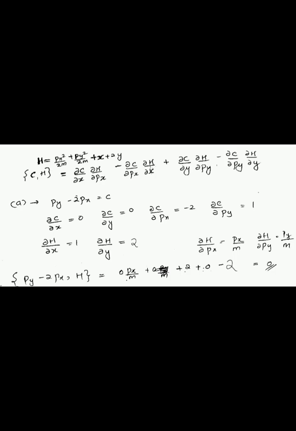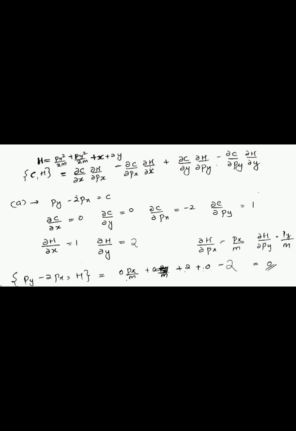If it is a constant of motion, then we need to check the Poisson bracket of that constant with H. That is ∂C/∂x is equal to 0, ∂C/∂y is equal to 0, ∂C/∂px is equal to minus 2, ∂C/∂py is equal to 1, ∂H/∂x is equal to 1, ∂H/∂y is equal to 2, ∂H/∂px is equal to px by m, ∂H/∂py is equal to py by m.